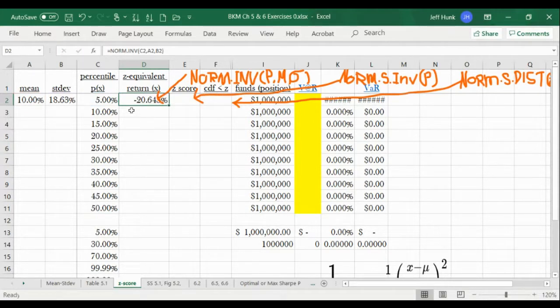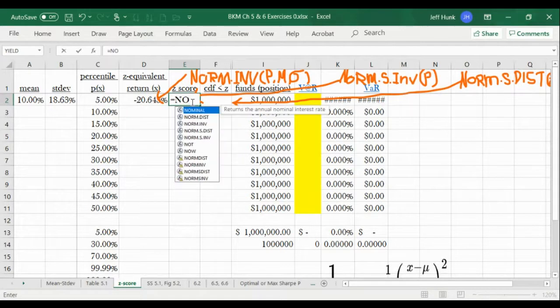This is the z-score. First, this is the loss, the return at that bottom 5% probability. Z-score is actually found by norm standard deviation inverse.